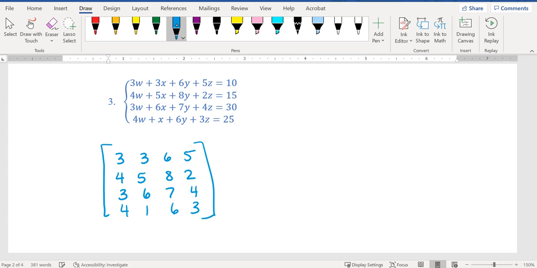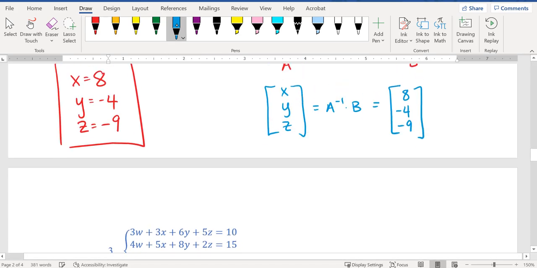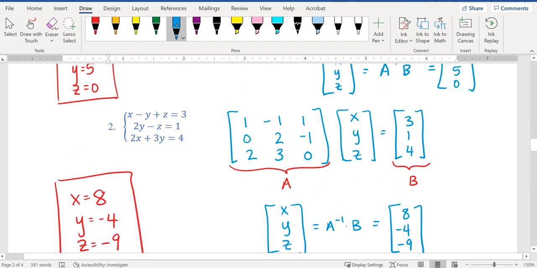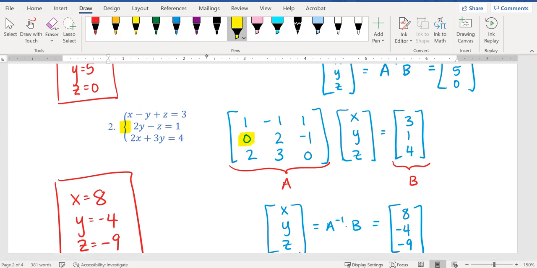I haven't said anything, but you need to make sure you've got it all in the same order, W, X, Y, Z. If you look up here, notice on the second equation, there's no X, so I had to put a 0 in there. On this third equation, there's no Z, I had to put a 0, so make sure you've got placeholders for every variable on every equation.